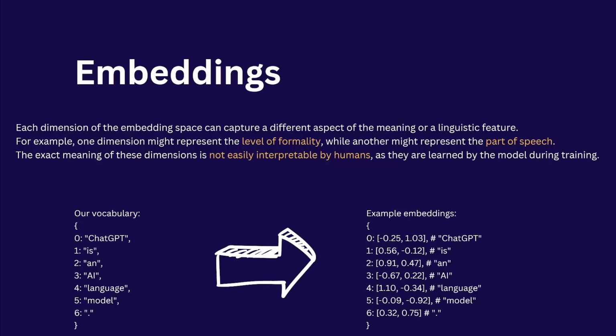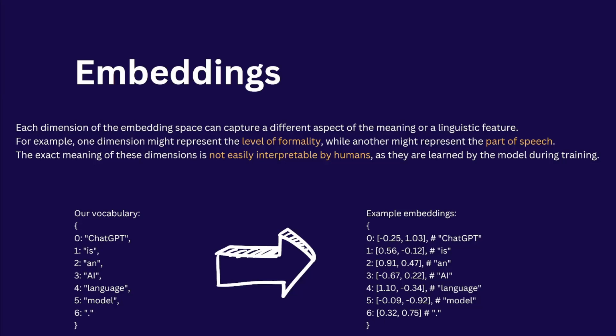So the exact meaning of these dimensions is not easily interpretable by humans, as they are learned by the model during training. However, the position of a token's embedding in this multidimensional space, in our case 2-dimensional space, reflects the token's meaning and the token's relationship to all the other tokens in the vocabulary.